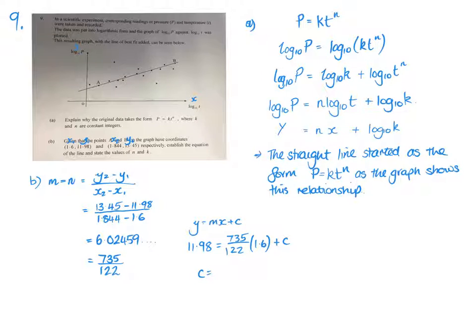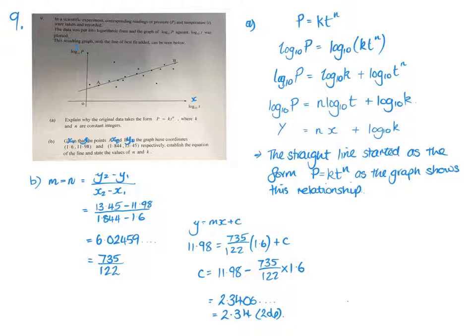So c is equal to 11.98 take away 735 over 122 times 1.6, which in our calculators gives us 2.3406. Round it to 2 decimal places, so 2.34.